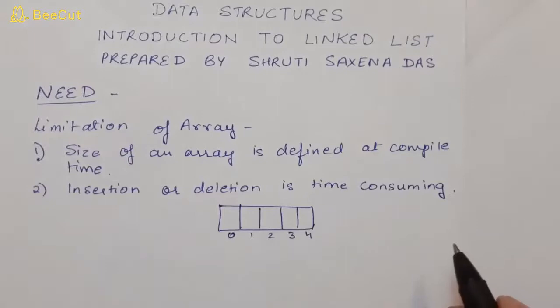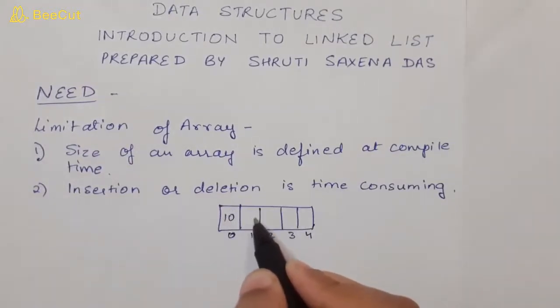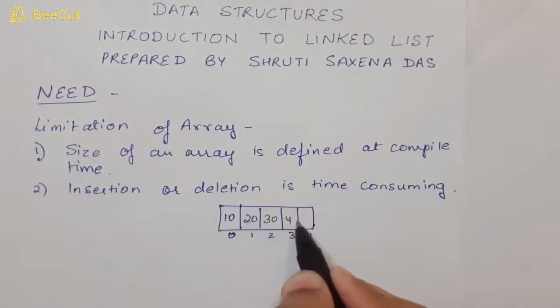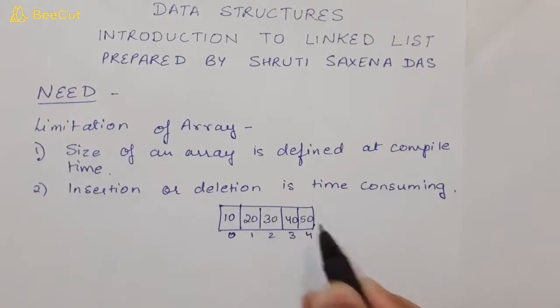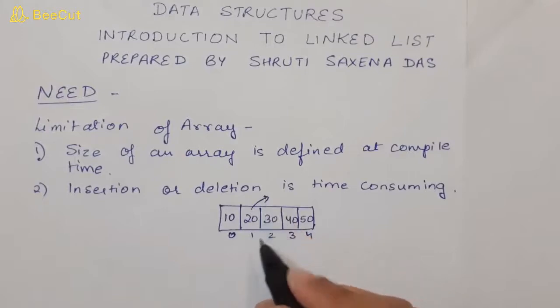Index will be from 0 to 4. Now suppose you are having 10, 20, 30, 40, 50, and you deleted 20. In that case this space is free.